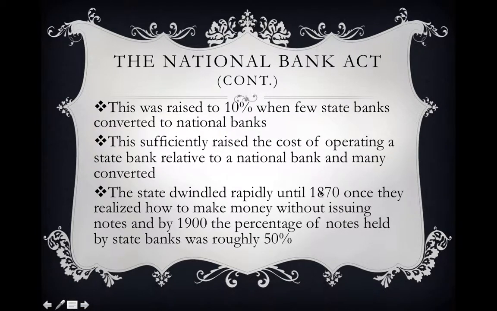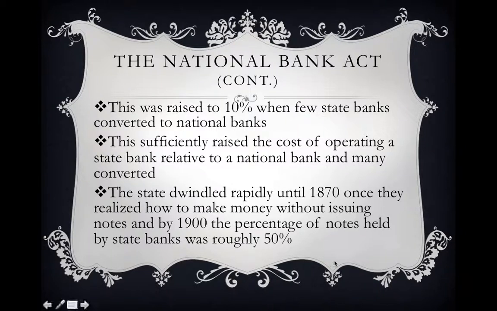All right, finally, this tax against the state banks was continually raised during the time period, again putting additional financial pressure on the state banks, trying to get them to convert over. So I want you to realize that the tax on state bank notes was increased and increased up to 10% to further put pressure on state banks to convert over to the national banks.